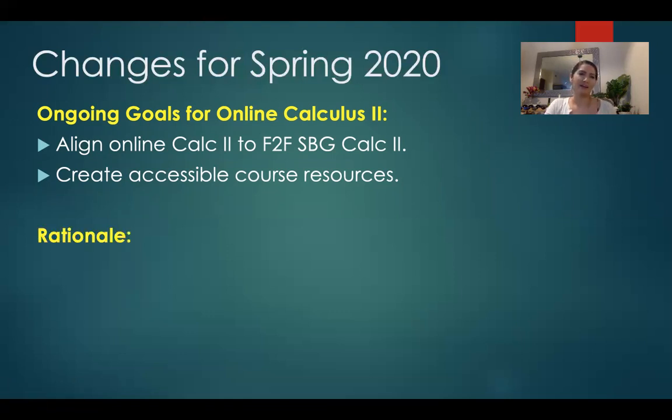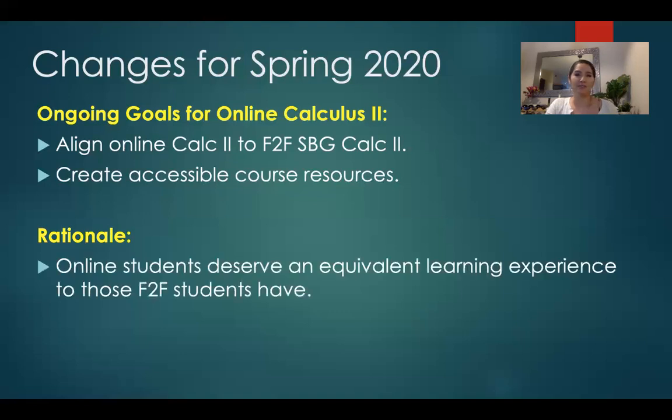And then the rationale behind these goals was that, first of all, my online students deserve an equivalent learning experience to that which the face-to-face students have. The means may be different. We may not do it in exactly the same way because the online environment is different than the face-to-face environment.